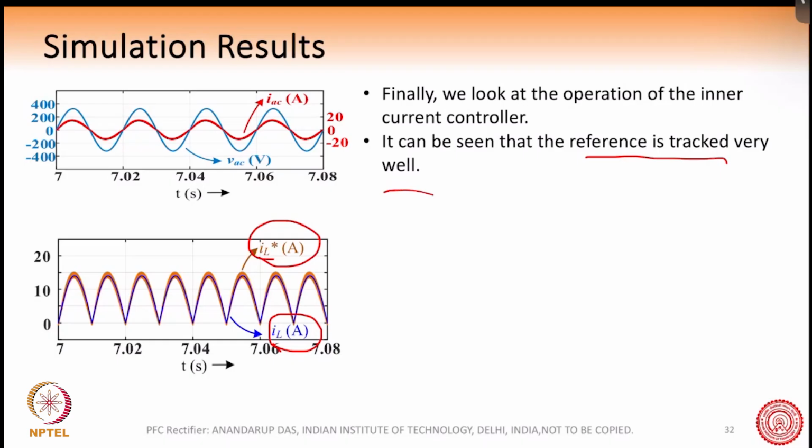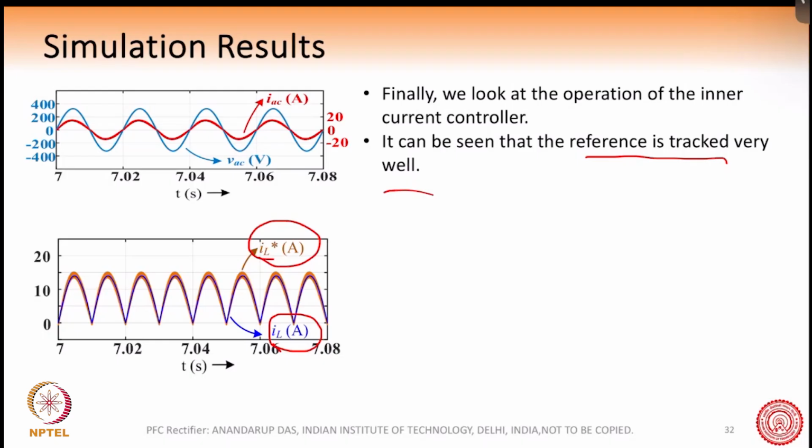With this, we have come to the end of the Boost PFC. If we summarize, in this part of the course we have learned about Boost PFC operation, steady state operation, and how the DBR and the boost converter work together.